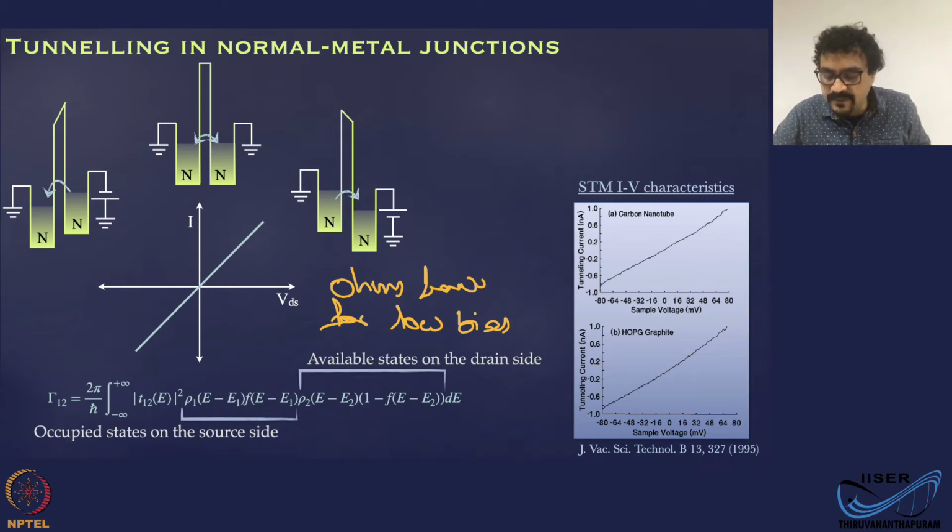In the same paper, they also did a similar experiment on HOPG graphite, which is also more or less linear. So you have an STM tip, and there is a small tunneling gap, which is either air or vacuum, and the electrons can tunnel from the tip to the substrate, similar to the mechanism that we explained here. The tunnel current is more or less linear, and it's ohmic behavior.